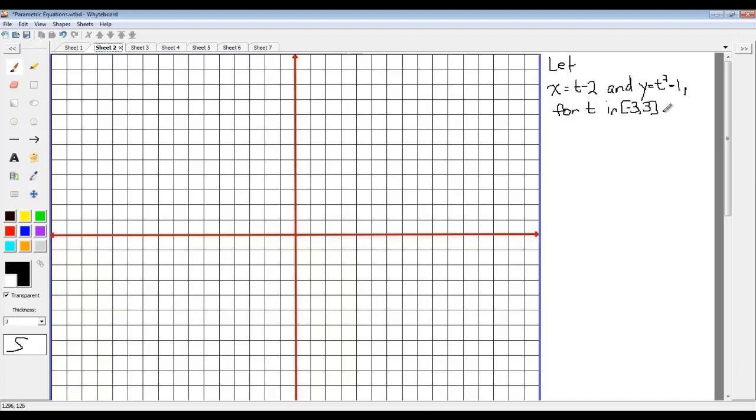That's the parameters right there. And let's say we want to graph a set of ordered pairs x, y. What we can do is just make a table. We're going to make a table with t, x, and y, and that'll give us some ordered pairs x, y that we can plot on the grid and then see what kind of shape we get.